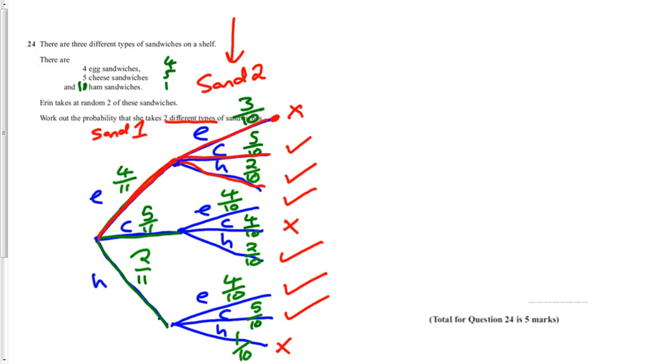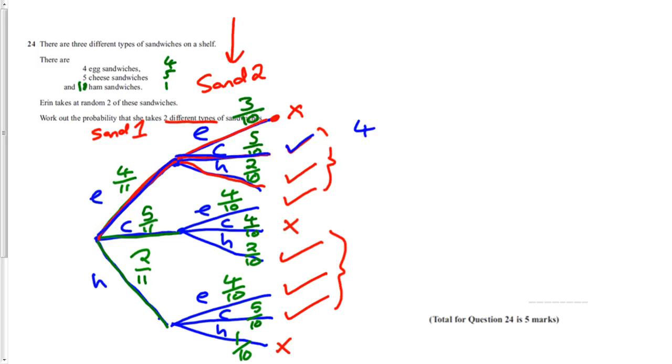So now what we do is we add up all the probabilities that we're after. So we want this probability, we want these 3 probabilities here, and we want these 3 probabilities here. So we calculate the probability of each one of those, and the way we do that is we multiply along the lines. To get to this first option here, we went egg sandwich first of all, and then cheese sandwich.